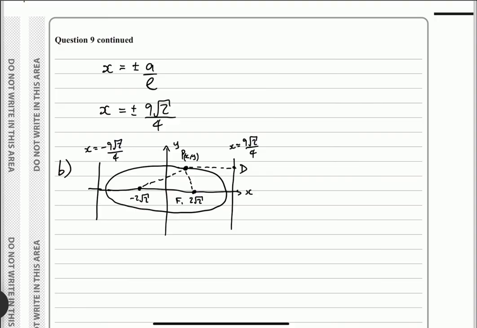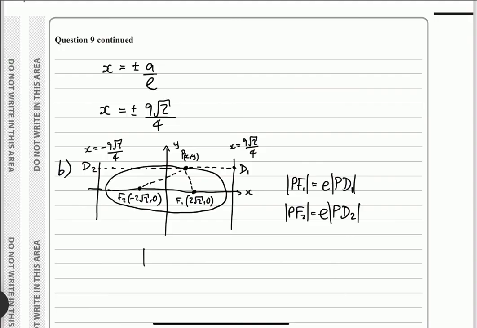PF1 is equal to e times PD1. And it's the same over here with this one. Let's call this D2, and this is F2. So PF2 is equal to e times PD2. And we're talking about the distances here.